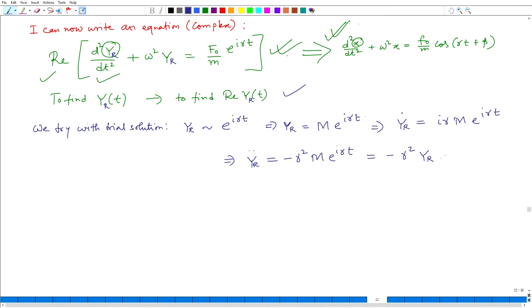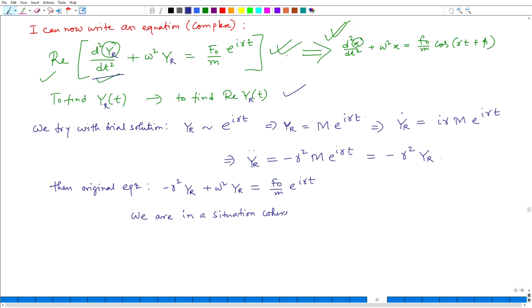So, you see that if this is the case, then the original equation gives minus gamma square y r plus omega square y r is equal to f 0 by m e to the I gamma t, and we are in a situation where gamma is equal to omega.